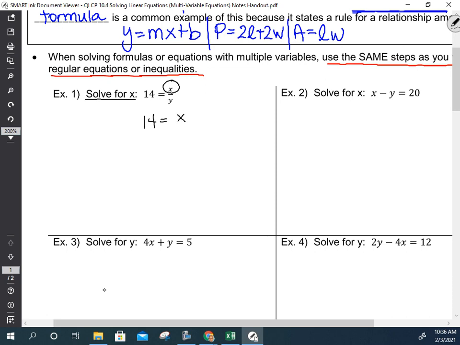So first we look at the problem and see what is y doing. Notice right now you're dividing by y. In order to get rid of it, you have to take the opposite. What's the opposite of division?